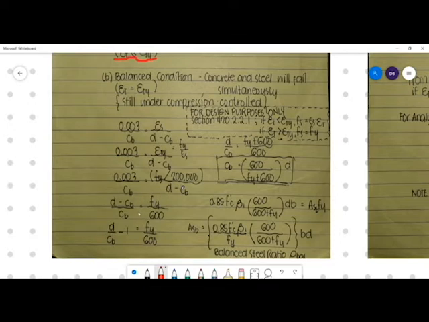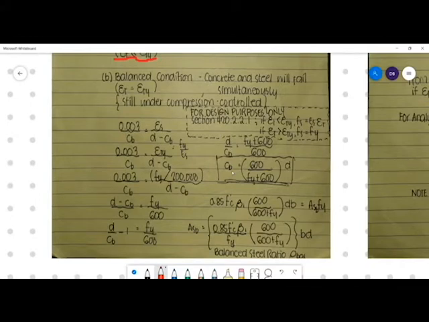We use ratio and proportion, and we are able to derive this. D minus C sub B over C sub B is equal to Fy over 600. We play with our equation, and we are able to solve for C sub B in terms of the effective depth.